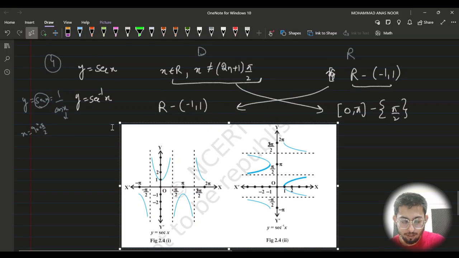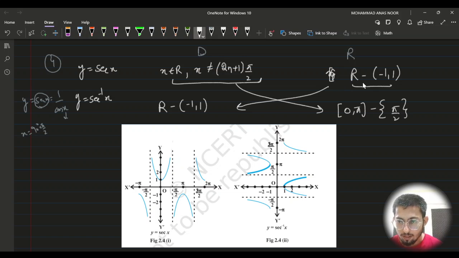This is the sec function on the left hand side, and this is the inverse. Now, if you see, the domain of this sec function is real numbers, except that x should not be equal to (2n plus 1) pi by 2. Why so? Because it would become undefined for pi by 2 and its multiples, right?